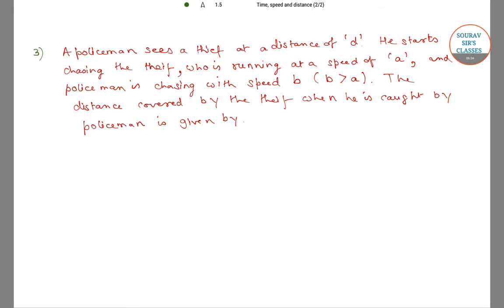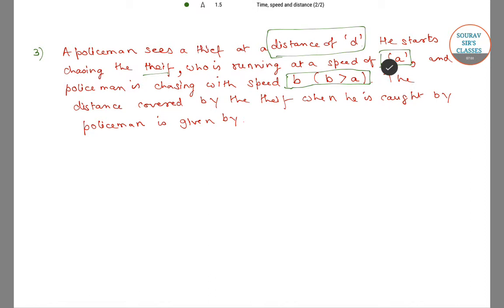In the next formula, suppose there is a policeman who sees a thief at a distance of d, and he starts chasing the thief who is running with the speed of a, that is the speed of thief, and the policeman is chasing the thief with the speed of b, where b is greater than a.